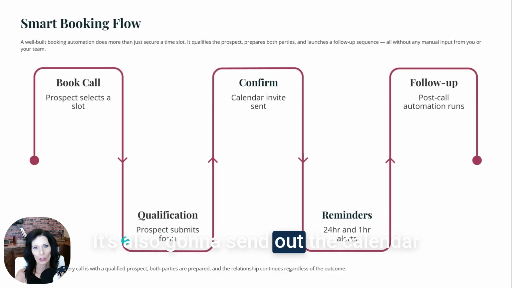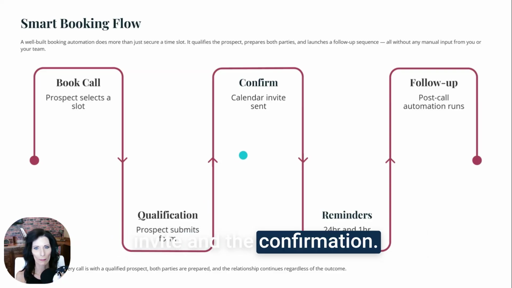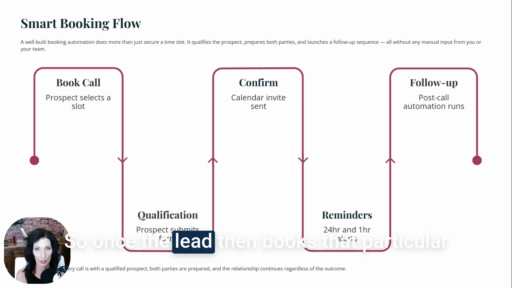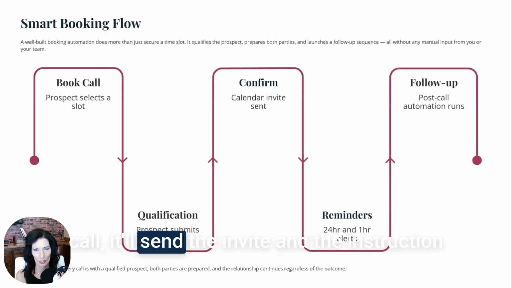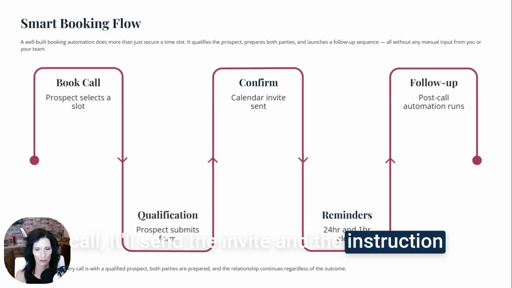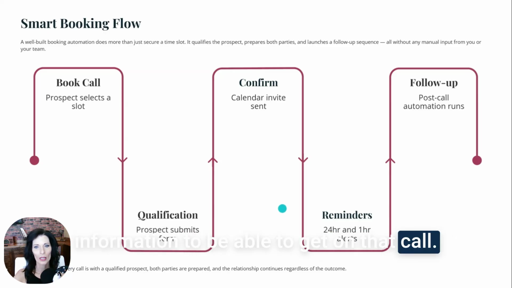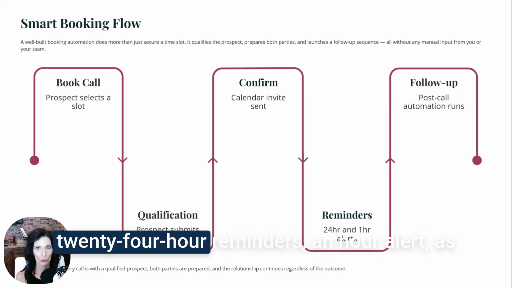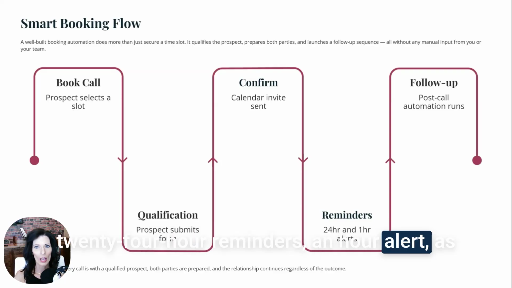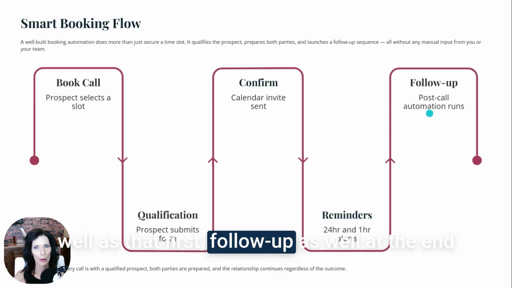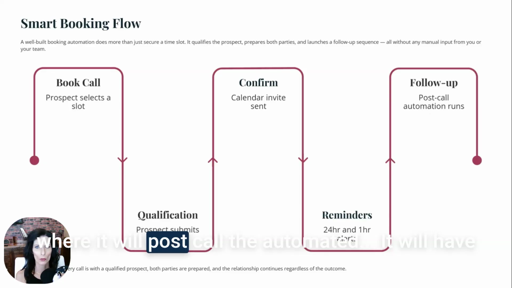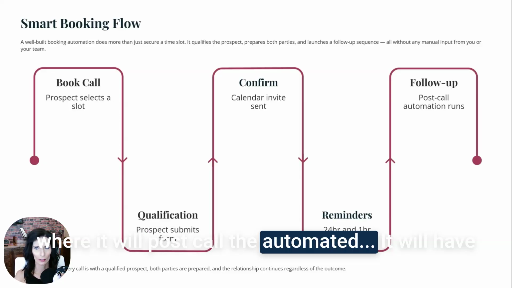It's also going to send out the calendar invite and the confirmation. Once the lead books that call, it'll send the invite and the instruction information to get on that call. It will send reminders, so you've got 24-hour reminders, an hour alert, as well as that first automated follow-up at the end, post-call.